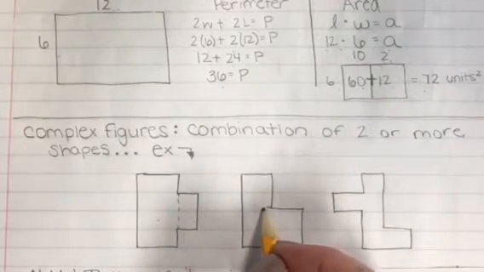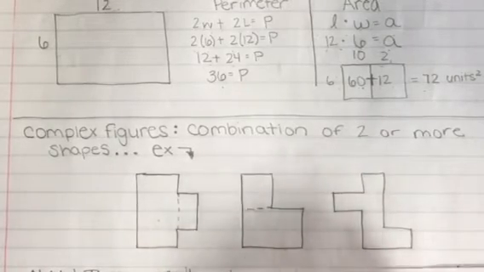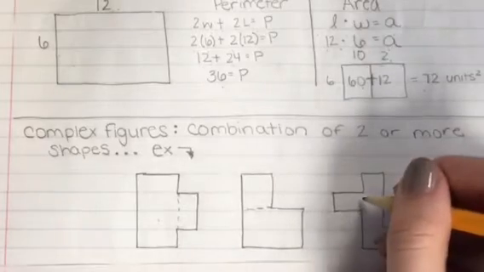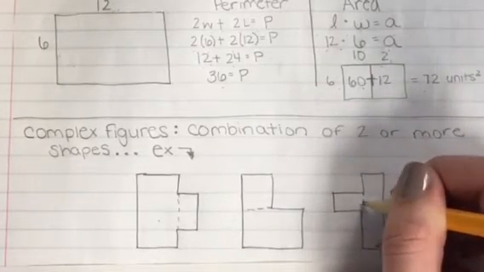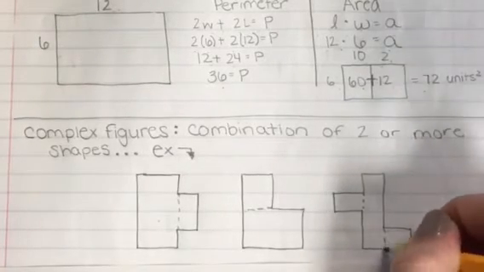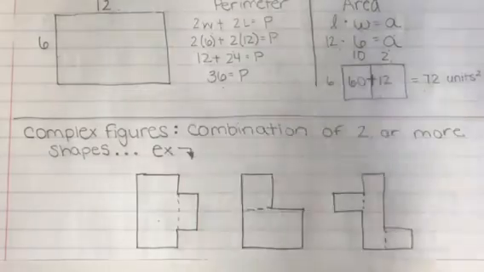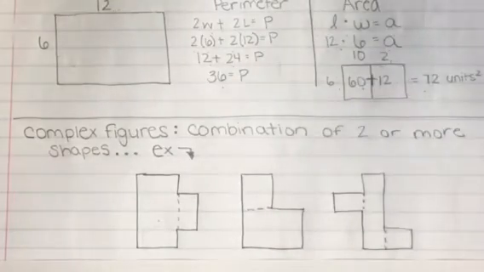Or if I draw an imaginary line here, here's a square and a rectangle put together. This one is more than two shapes, but I can cut that there, and I can cut this here, and I see that they're just three regular shapes put together to make this crazy looking shape.